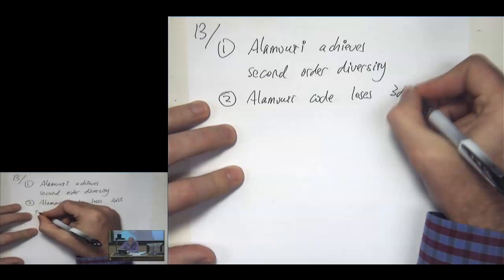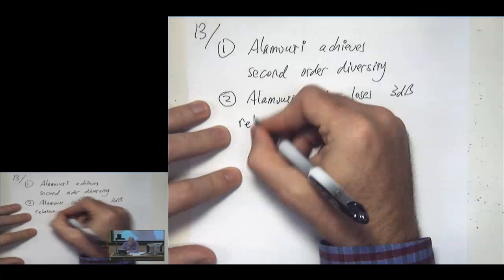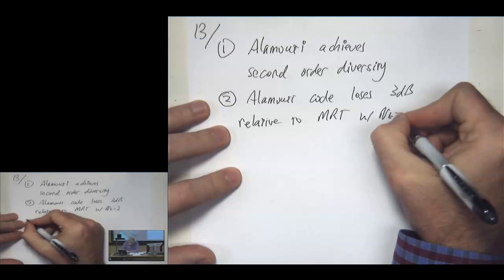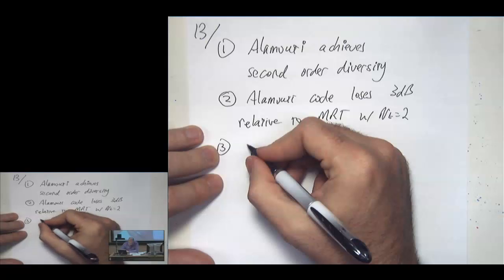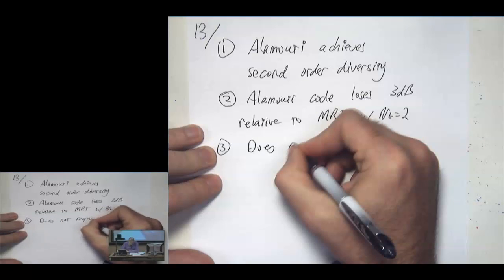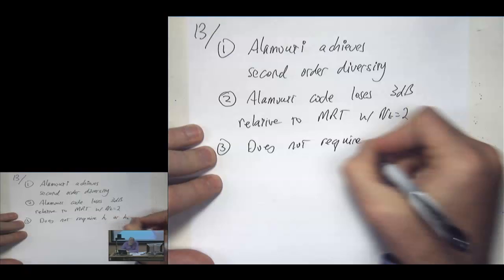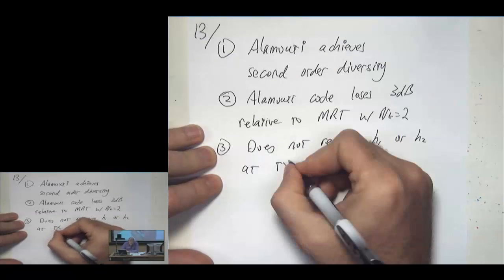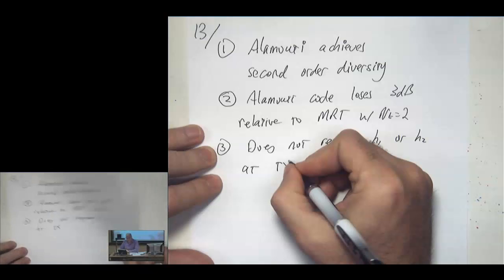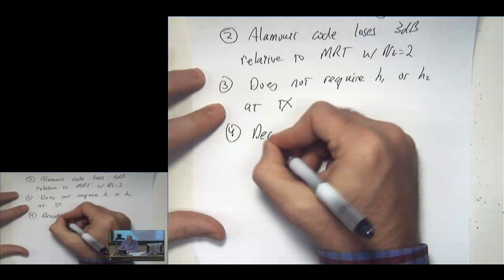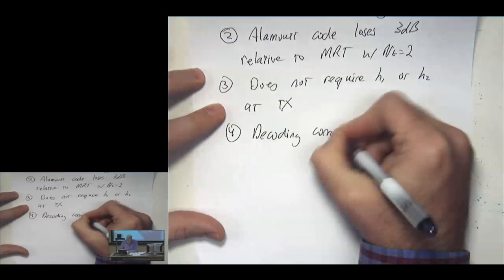Sorry, relative to maximum ratio transmission. It does not require transmit knowledge. So you don't need this feedback channel we talked about before. And then finally, the decoding complexity is low.